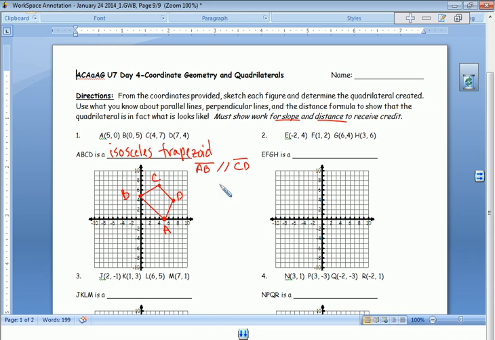Okay, so what is the slope of AB? All right, we could use the slope formula, or since we have a graph, we could count. Down 5 over 5. Down 5 over 5 is a slope of -1.